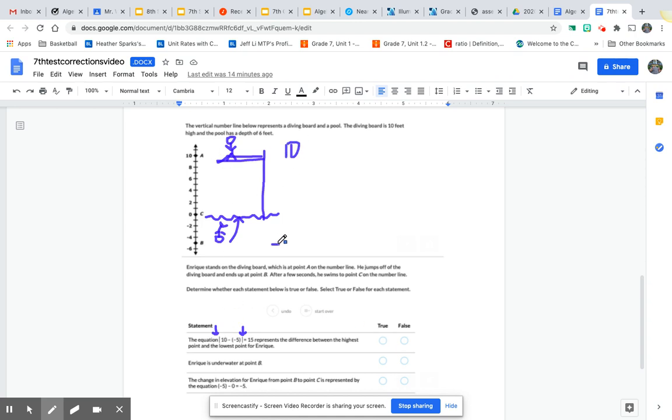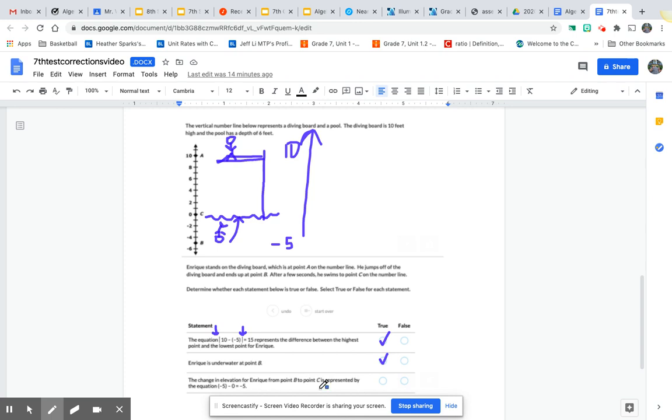His lowest point is here. The distance between them is 15, right? To go from here up here takes him 5 to get back to the surface and 10 to get back to the diving board. Enrique is underwater at point B. Is he underwater here? Yeah.